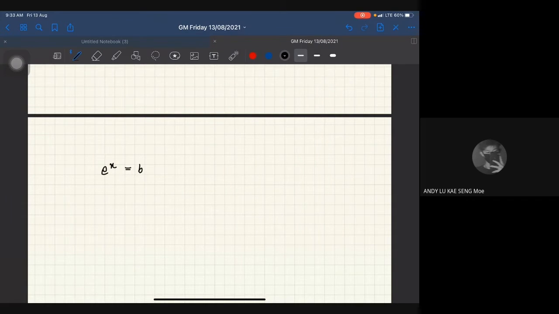Saya nak terangkan konsep macam mana dia boleh jadi x sahaja di bawah. Ada dua cara untuk awak tukarkan dia kepada bentuk log. We want to change it to log form. Ini index form. Cara yang pertama is awak letak log di kedua-dua belah. You put log on both sides.